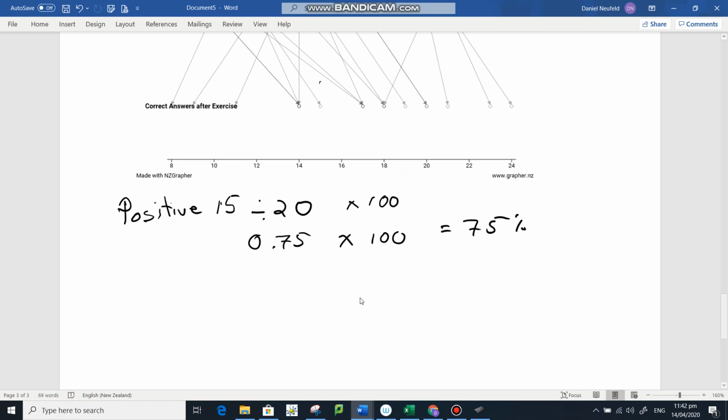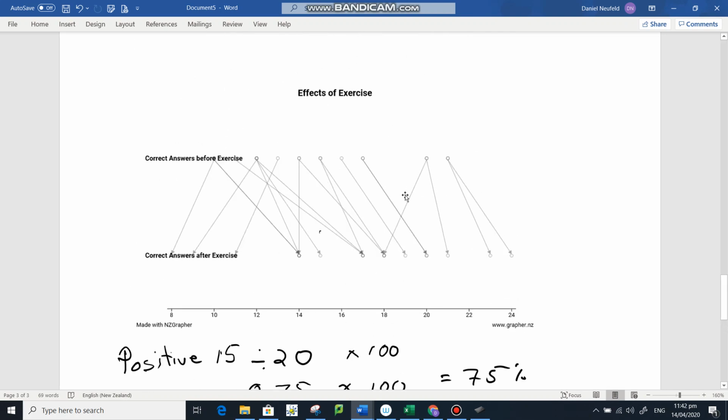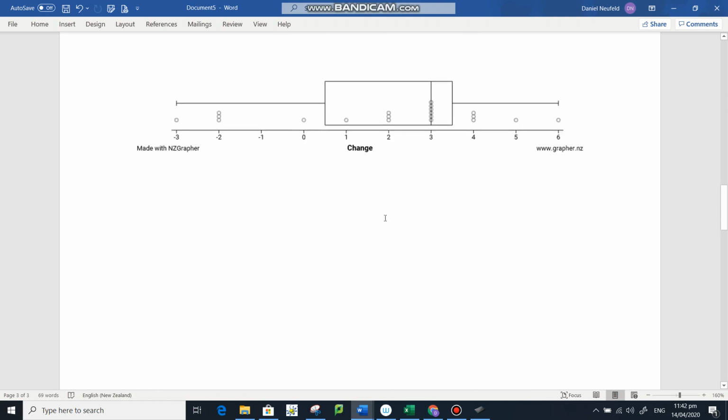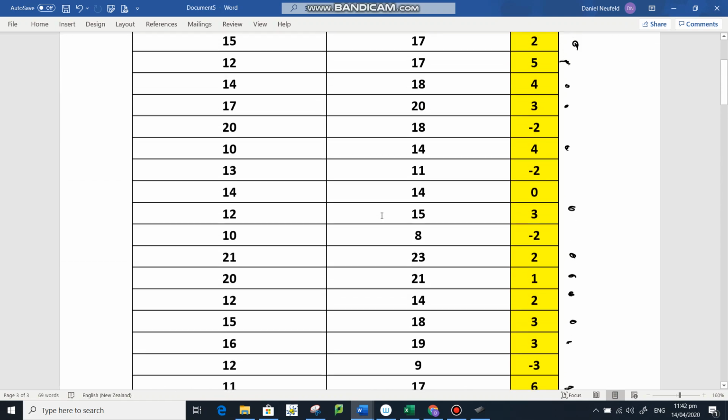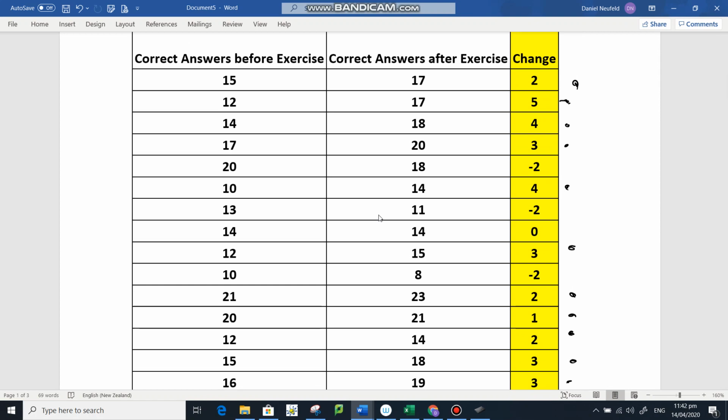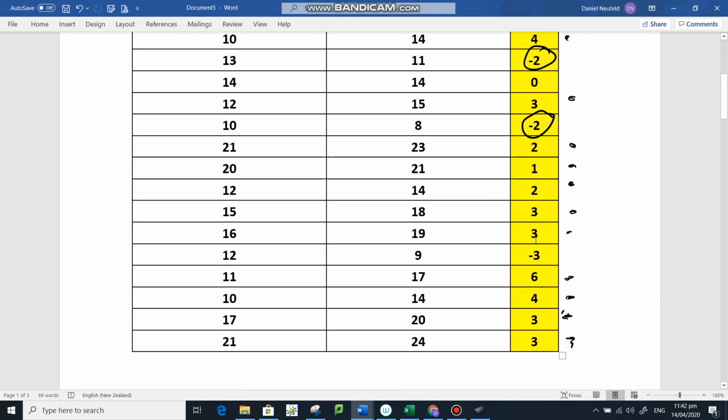Next, we look at the negative changes, so the ones that are sloping to the left. Negative, again, I could try to count the number of slopes. It looks like 4 going backwards, but just to make sure, I'll just actually add them up. I've got that one, 2, 3, and 4. So I have 4 negative changes.